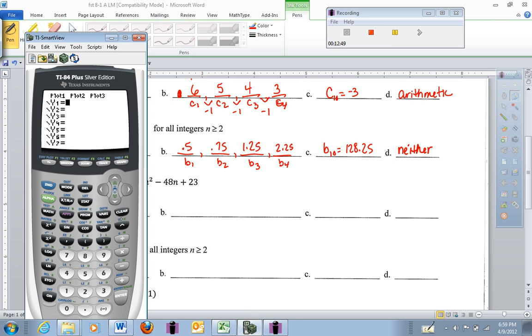So I'm going to do that. And then let's double check it. We have -6x to the third plus 27x squared minus 48x plus 23.